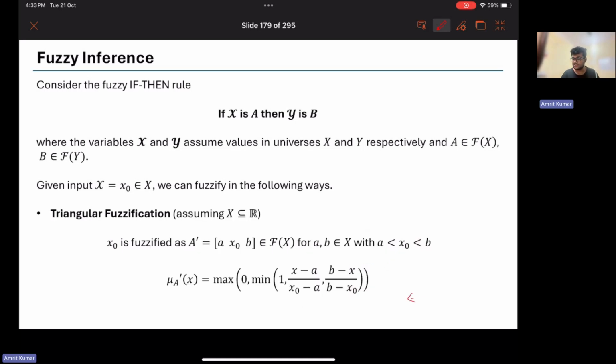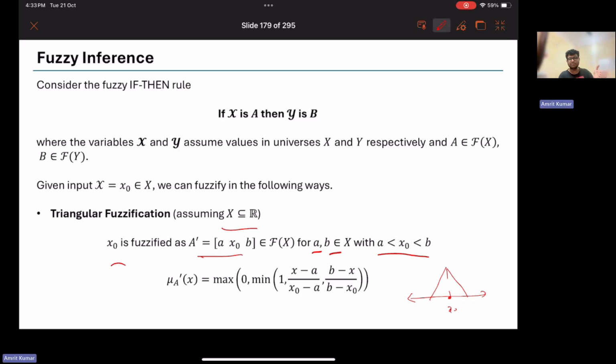In triangular fuzzification, given a particular input value, you construct a triangular fuzzy number around it. In other words, your x naught is fuzzified as a triangular fuzzy number (a, x naught, b), where the parameter a has to be less than x naught, and parameter b has to be greater than x naught. One thing to notice here is that this triangular fuzzification is possible only if your input universe X is a subset of the real line, right? Remember that triangular fuzzy numbers are essentially fuzzy sets over the real line.